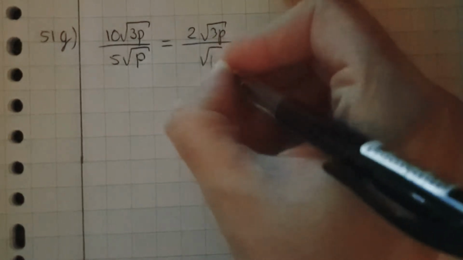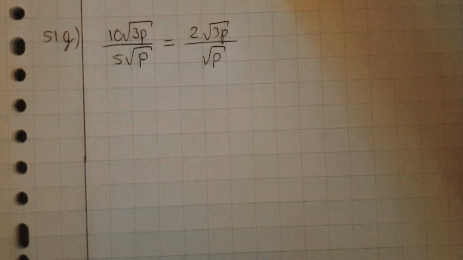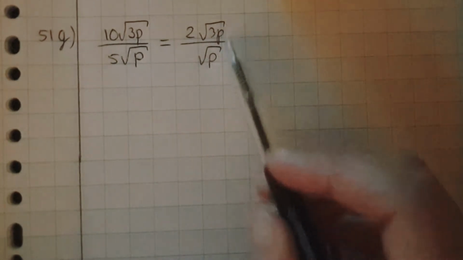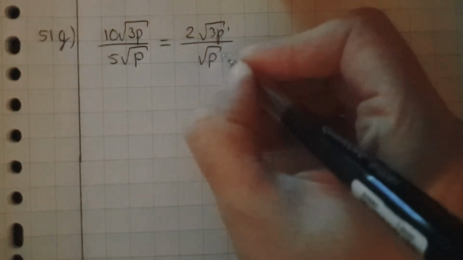10 square root 3p divided by 5 square root p. First you do the normal numbers, which is 10 divided by 5, that's 2. And then the leftover is 3p, square root 3p in the numerator, and the denominator is square root p. Now, let's have a look at the square roots. The p is the same, p to the power of 1 and p to the power of 1.